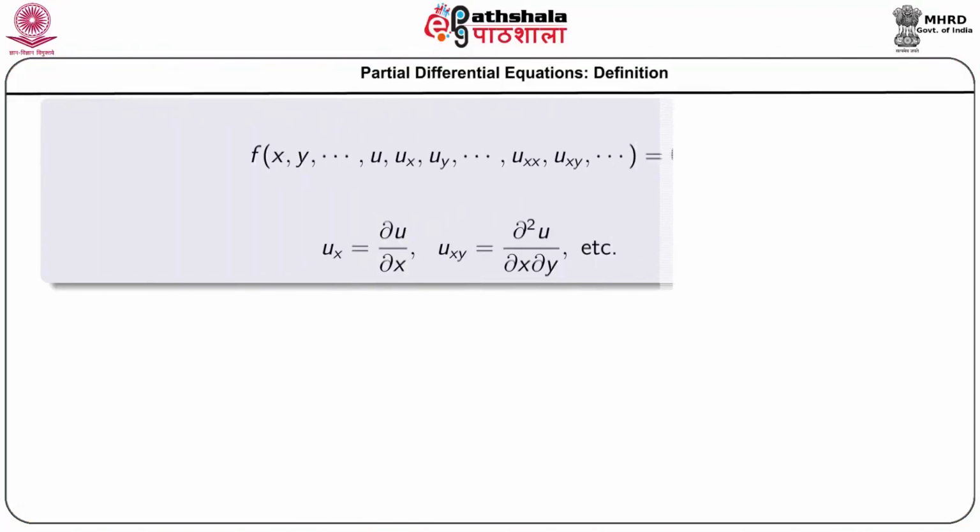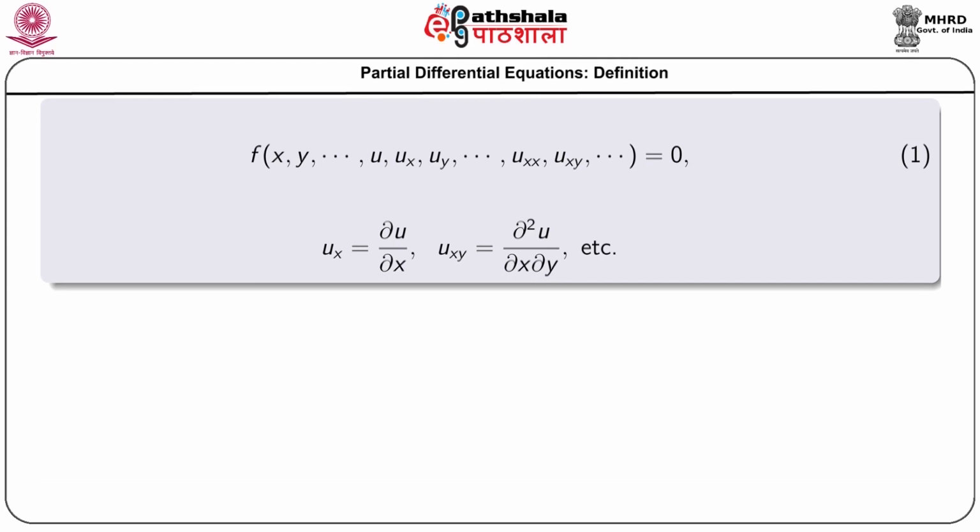Let me first define what is a partial differential equation. An equation involving 2 or more independent variables and one dependent variable and its all order derivatives is called a partial differential equation.